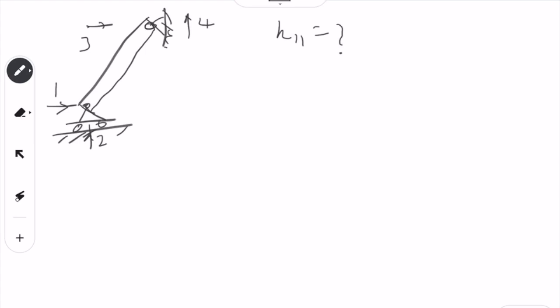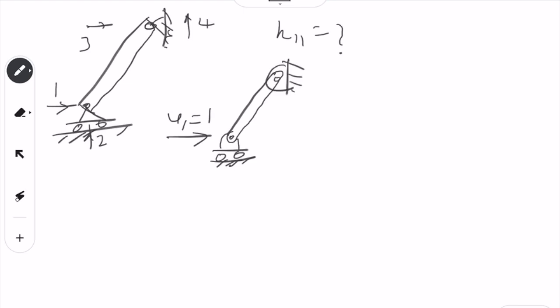So our system basically will be something like this. So we have a roller and you are giving a unit displacement. So u1 equal to 1 and you are fixing it like this one, and whatever force is needed to move this by 1 will be called K11, right.